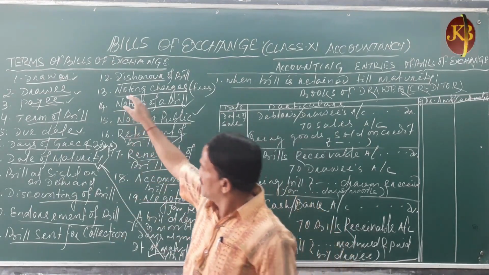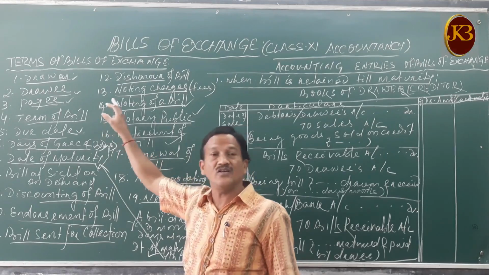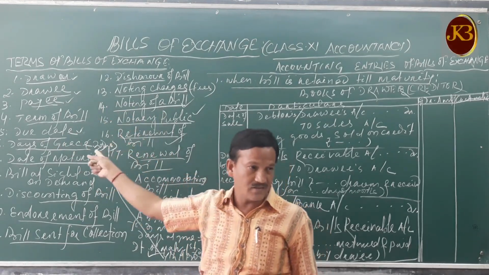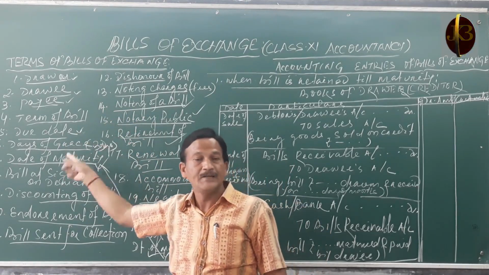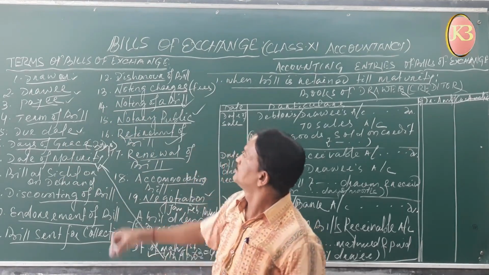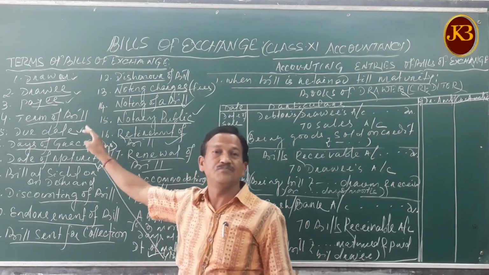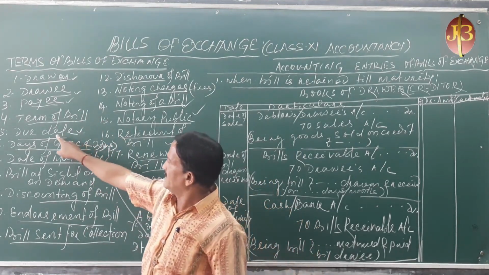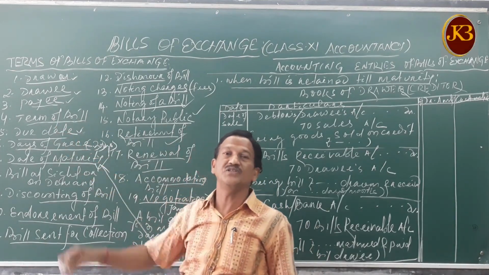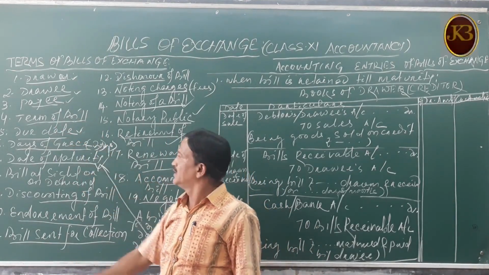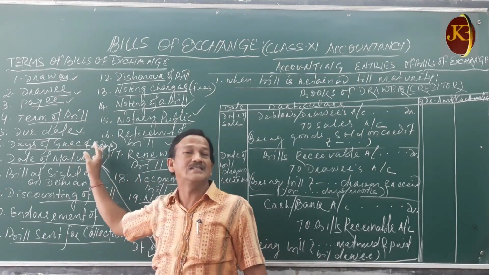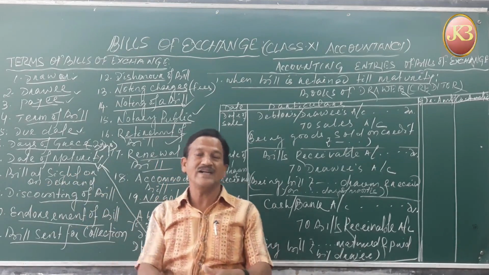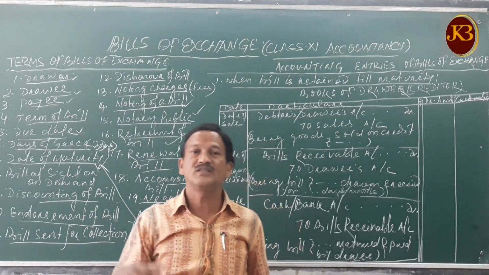So again, in the gist: drawer, the person who is the creditor; drawee, that is the debtor who makes the payment; payee, the person who receives the payment; term of the bill, that is the bill time, bill months; then due date, that is the date on which the bill falls due; there are days of grace, 3 days extra added; date of maturity, that is calculated after adding the 3 days grace period to the due date.